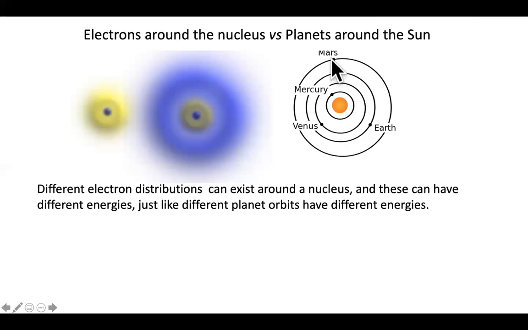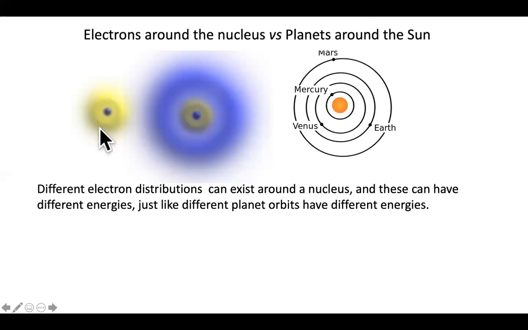If you lose energy, for example, if Mars suddenly slowed down for reasons, it would lose energy and fall in towards the sun. It would get closer. So we have Mars, which has the most orbital energy of these planets, then Earth, then Venus, then Mercury. So each of these orbits is not only a distinct trajectory, it's a trajectory with a distinct amount of energy.